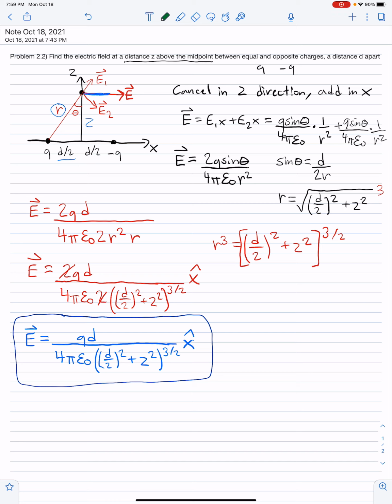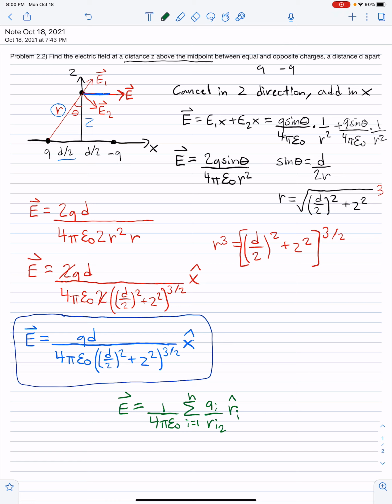But I also just want to show really quickly that we have our electric field in its most generic sense. We have E equals 1 over 4 pi epsilon naught times the sum, let's say i equals 1 to n, of q_i over r_i squared in the direction of r hat.